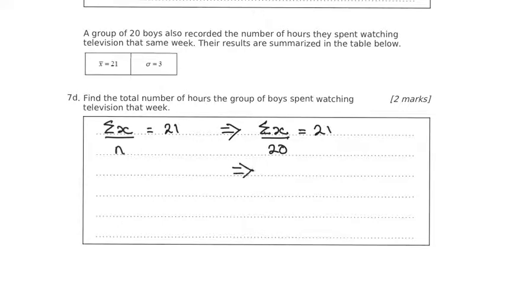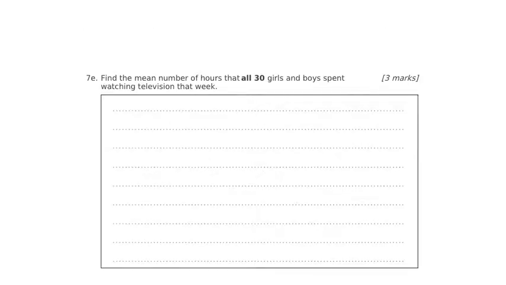Therefore, the total number of hours is equal to 20 times 21, which is 420 hours. 7e, find the mean number of hours that all 30 boys and girls spent watching television. Again, use the formula for mean.